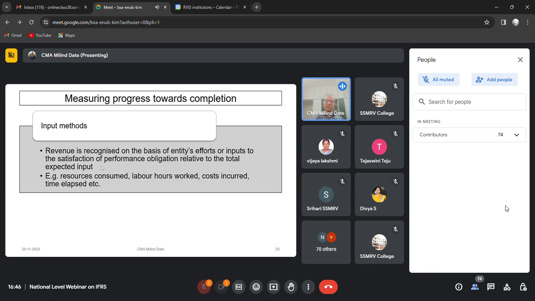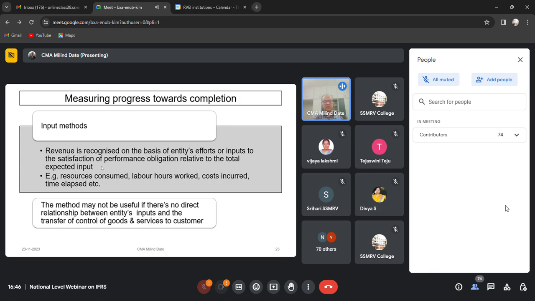So that's the input method. Sometimes this may not be useful if there is no direct relationship between inputs and outputs. So you will have to judge by the nature of the contract whether you will be in a position to use the input method or the output method. Generally, it cannot happen that none of these can be used. No, it won't happen.